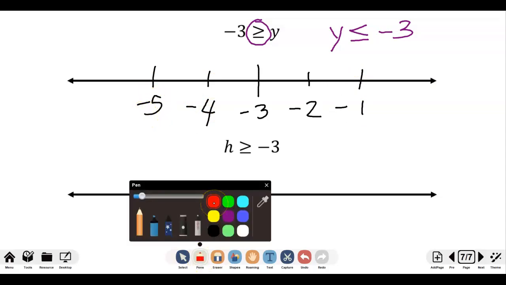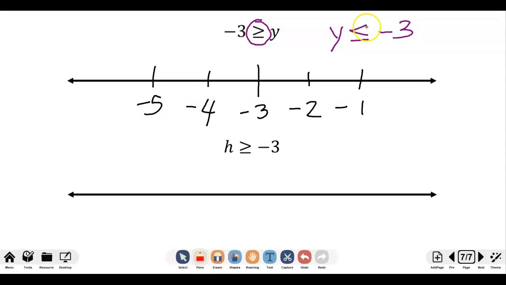And our circle, in this case, because we have less than or equal to, is going to be a closed circle. So we're going to close that circle, fill it in all the way, and we're going to go to the left.